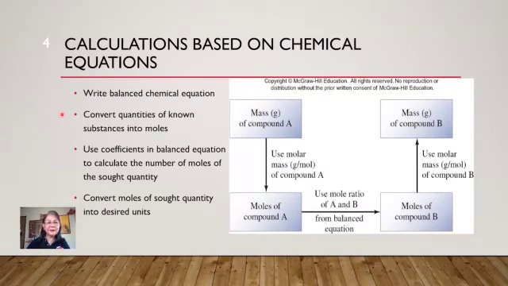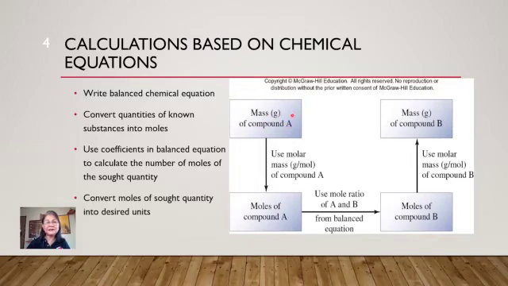Second step, if the mass or any other quantity is given of a particular substance, then that quantity must be converted into its corresponding number of moles. For example, let's say A is a reactant in a chemical reaction.